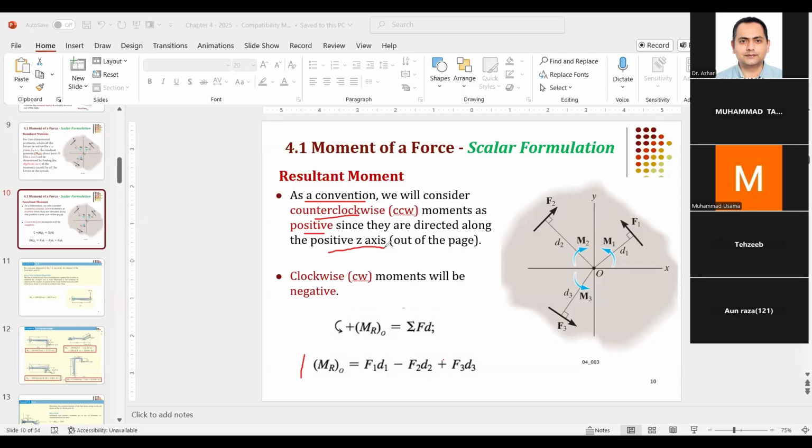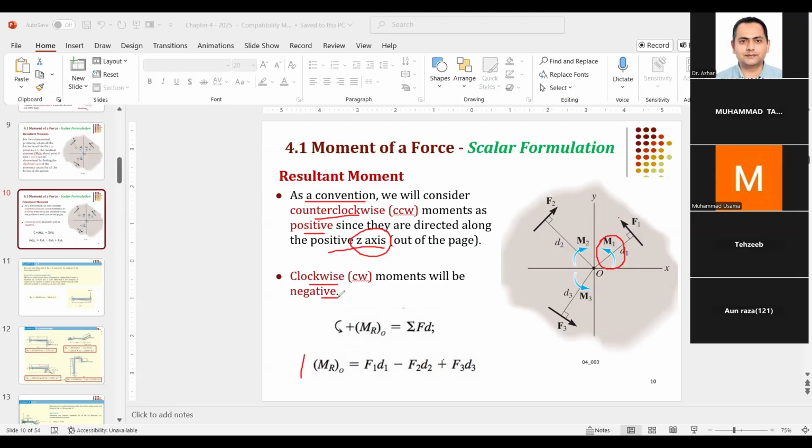He's referring to the right hand rule: if you curl your fingers like this, and this is a plan view, in the counterclockwise direction, then your thumb will be directed upwards or out of the page, the positive z direction. That's why he's considering counterclockwise positive, and clockwise is considered negative.